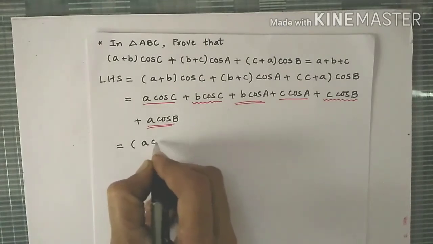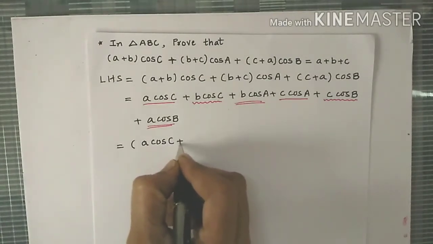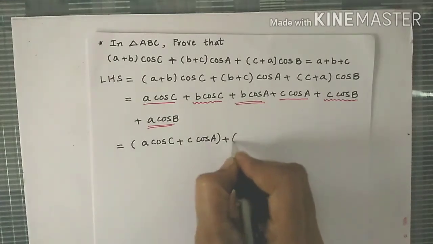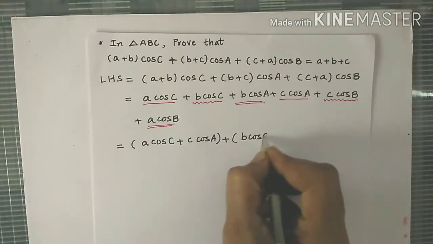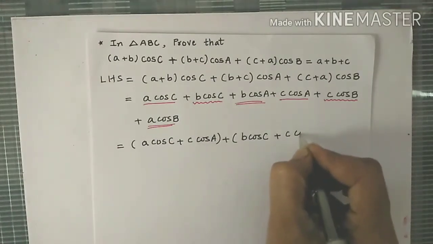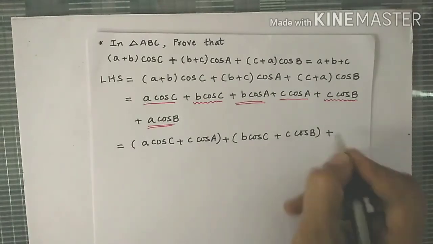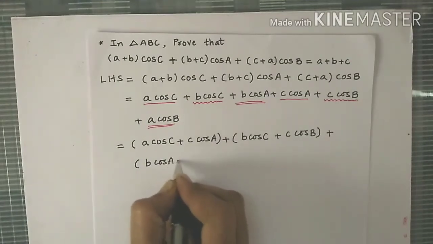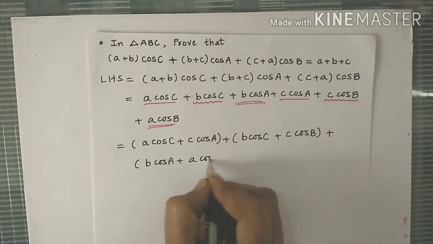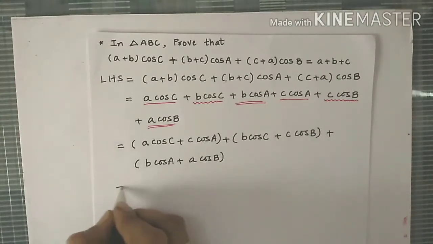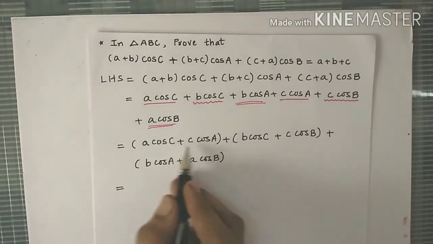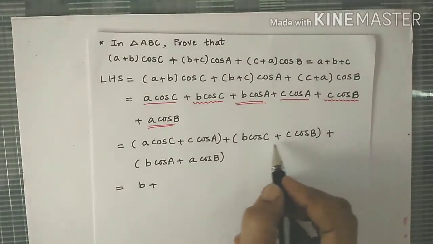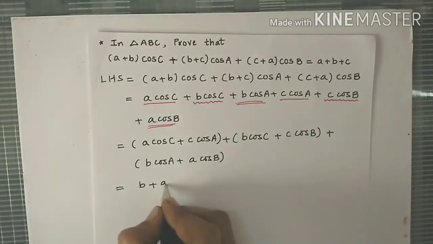And rearranging the terms, we now have a cos C + c cos A + b cos C + c cos B + b cos A + a cos B. So using the projection rule, the first bracket a cos C + c cos A is small letter b. In b cos C + c cos B, we have letters b and c, so it is small letter a.